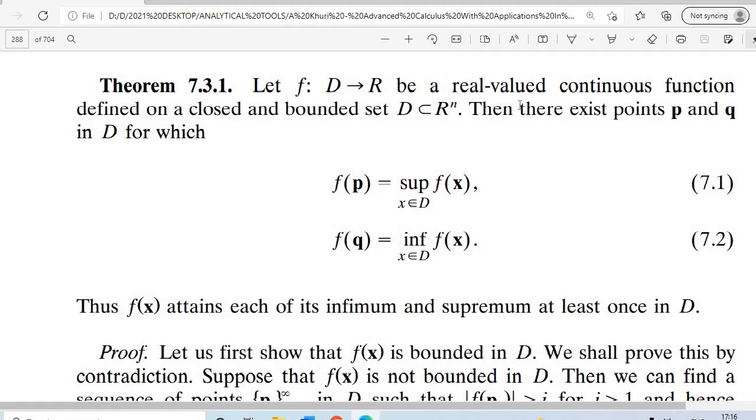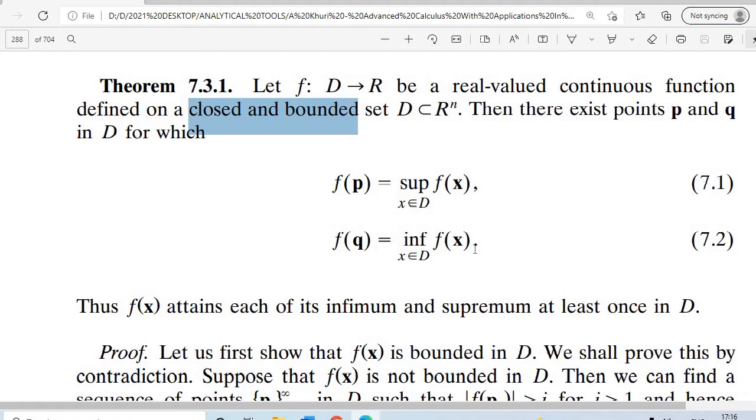Underline the point: closed and bounded. It's very important. So defined on a closed and bounded set D subset of Rn, then there exist points P and Q in D such that f of P is equal to the supremum of f of x and f of Q is equal to the infimum of f of x.